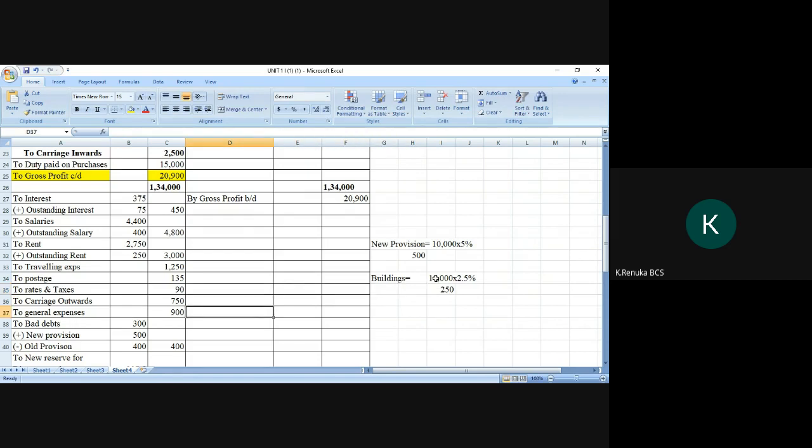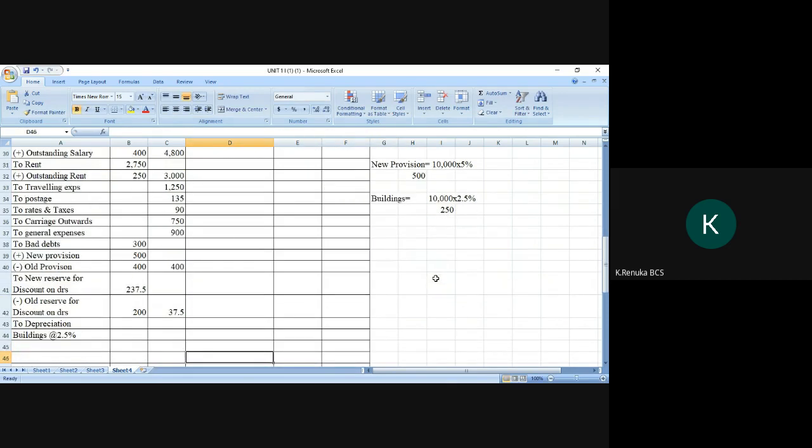Likewise, you have to calculate depreciation for all the items which have been given. So buildings 2.5 percentage, the value is 250. And then machinery, they have given you at 10 percentage. Your machinery value is 2,500. If you calculate 10 percentage, you will get 250.